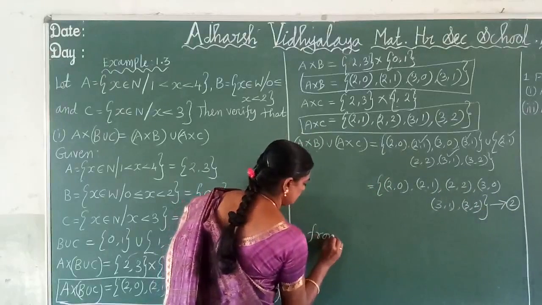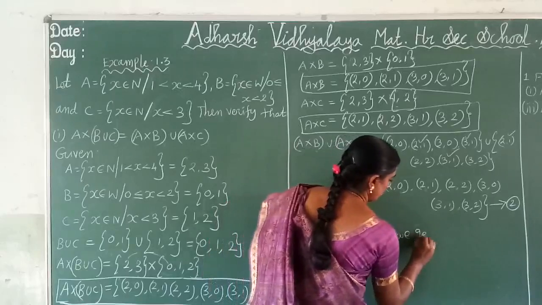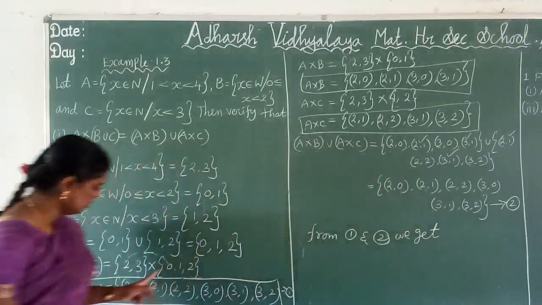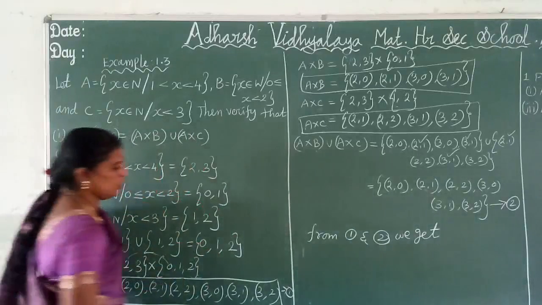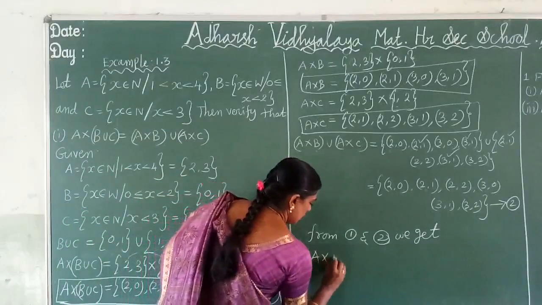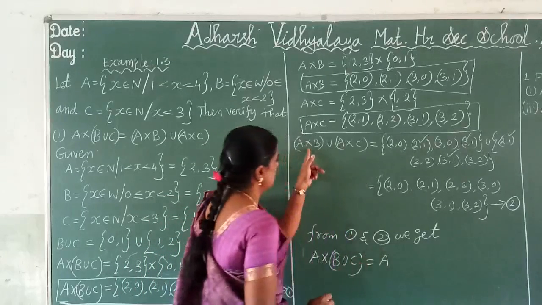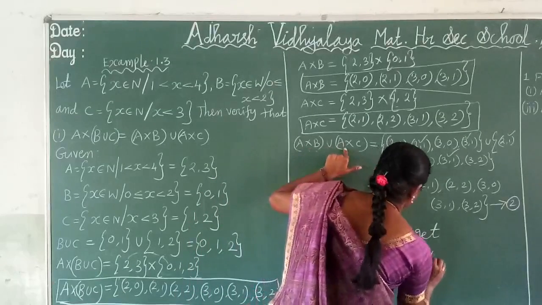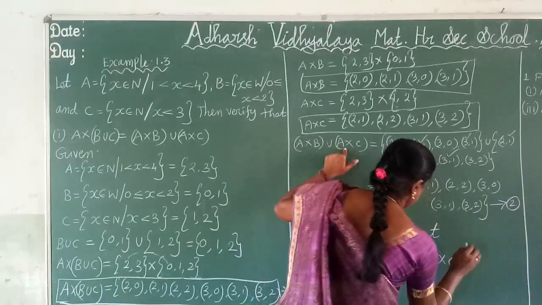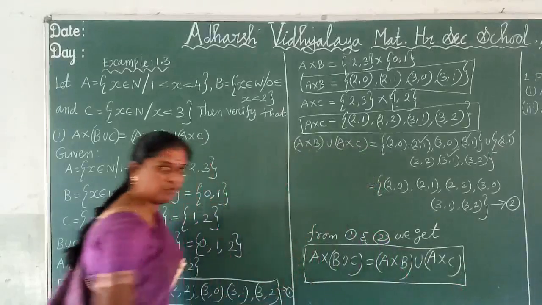So from equation 1 and equation 2, what we get? A cross B union C equal to, here RHS, A cross B union A cross C. That is the answer verified.